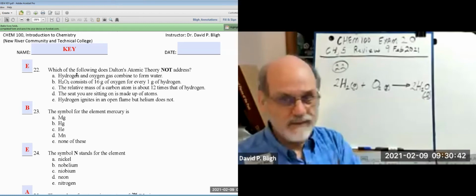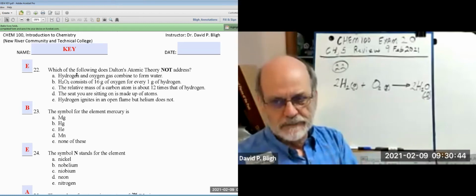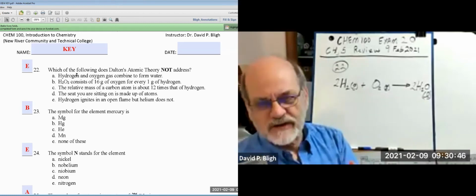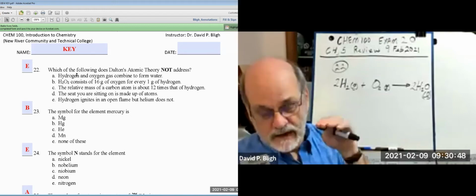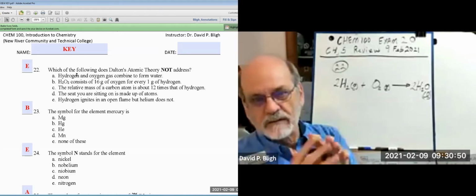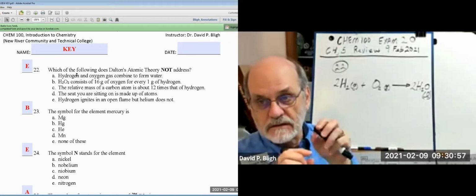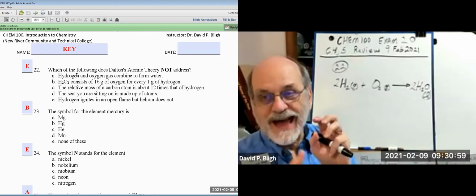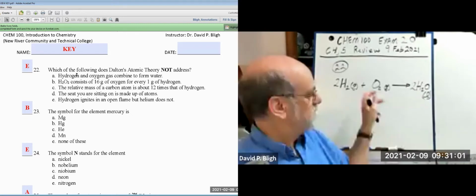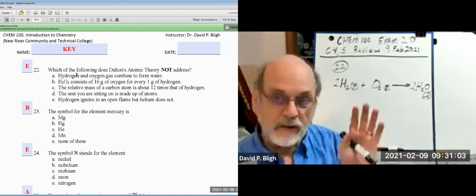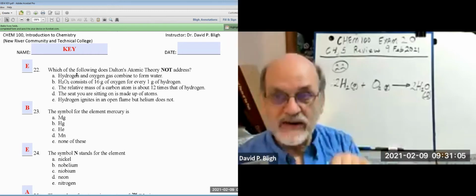At this time, they knew about elements and atoms in his theory, but they didn't know about the exact combination of atoms like this that were responsible for this mass ratio.